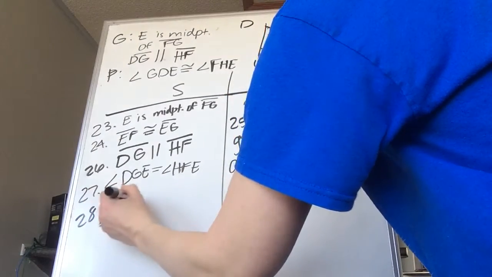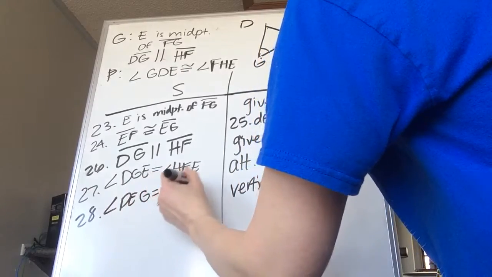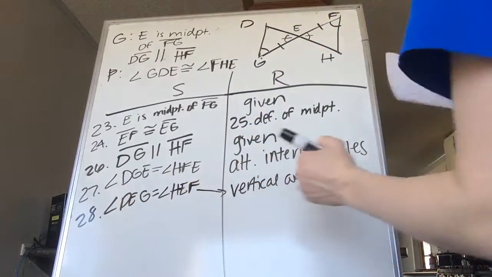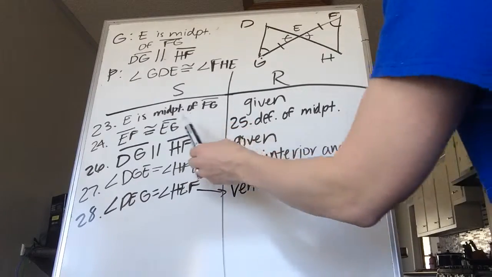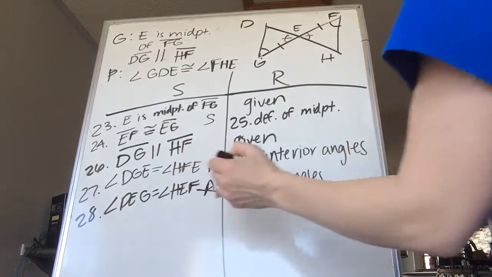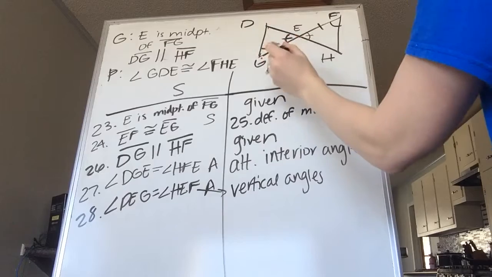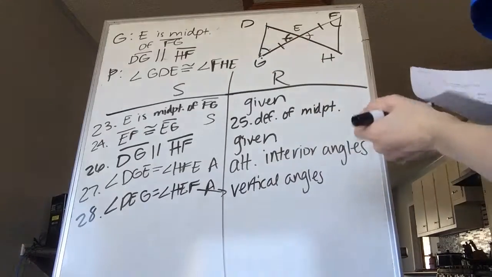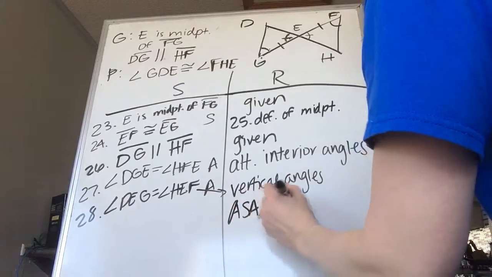So angle DEG and angle HEF, so that goes there, vertical angles. So we've established that a side is congruent, angles are congruent. So let's see the relationship here: angle, side, angle. Which they give us. We're going to have the angle side angle postulate.